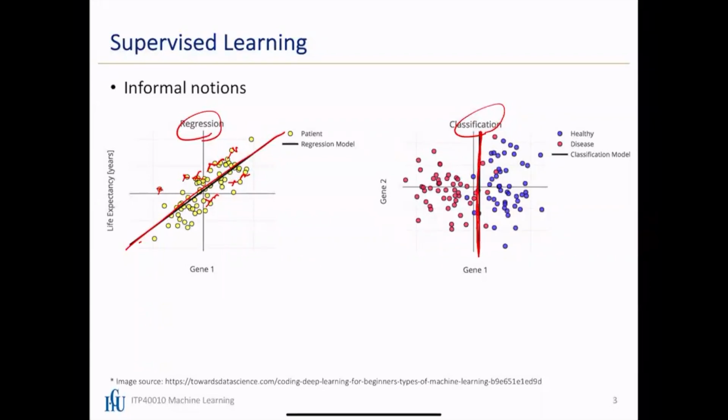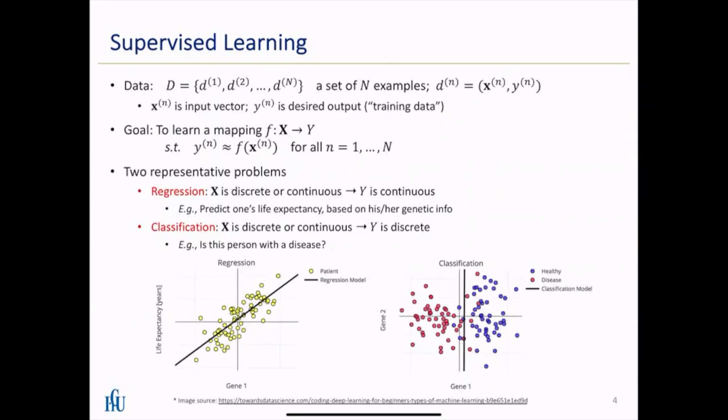So this is the informal idea of supervised learning, and the formal definition could be where you are given a data set that consists of n samples. Each sample comes in a pair: X is the input, Y is the output. Our goal is to learn a function that represents the relationship between input and output.